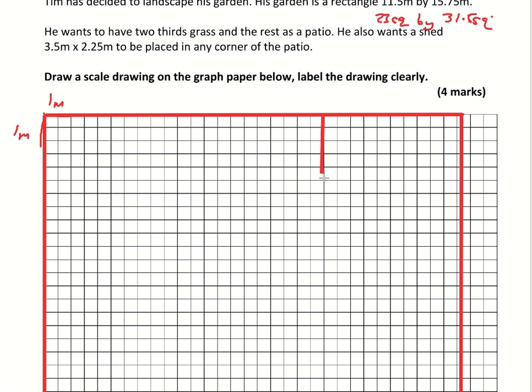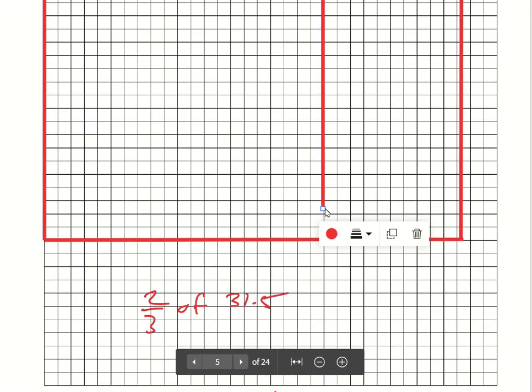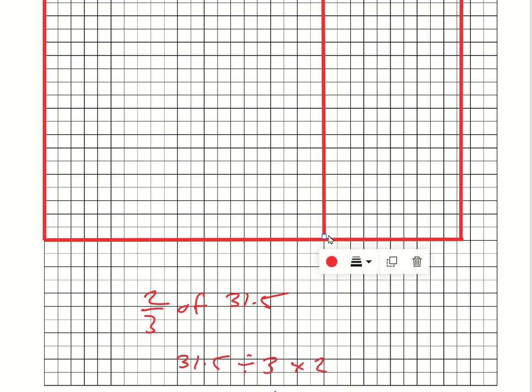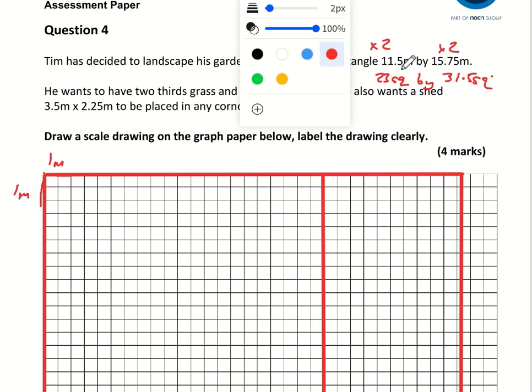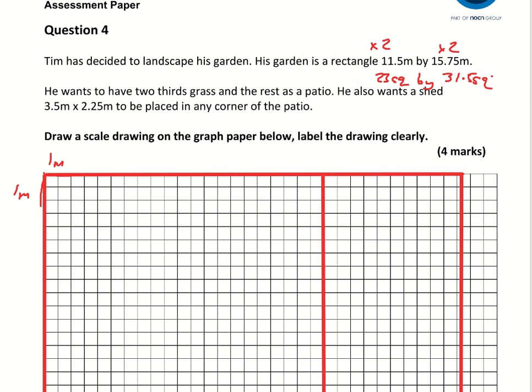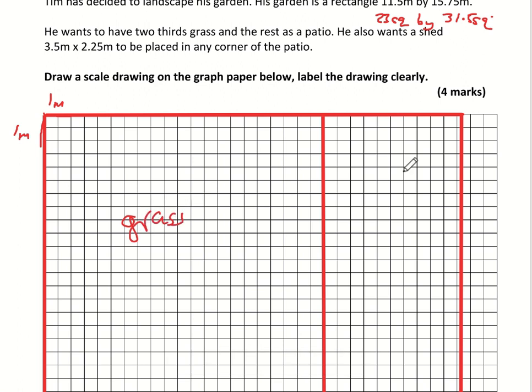So if I drop a line down here, this separates the grass from the patio. So 2/3 is grass, so this is the grass section over here, and this is the patio.